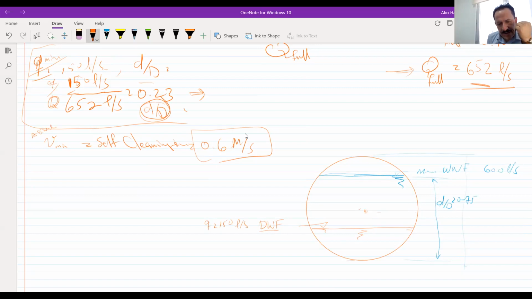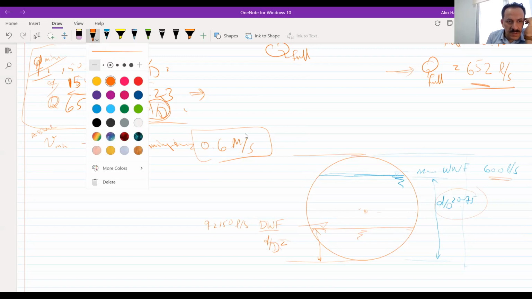Yes. The idea is, first of all, I have to find the d over D in this case. From this relation, I have this q and I can find the full flow. This will be, let me say, the green one.